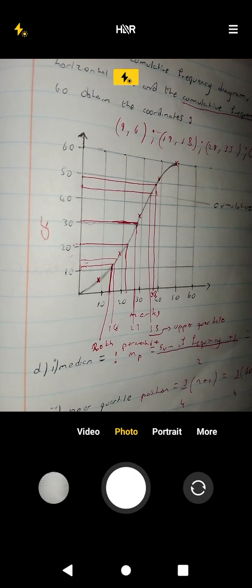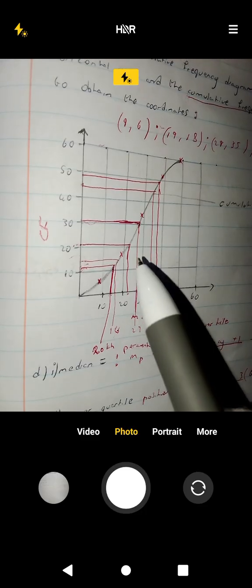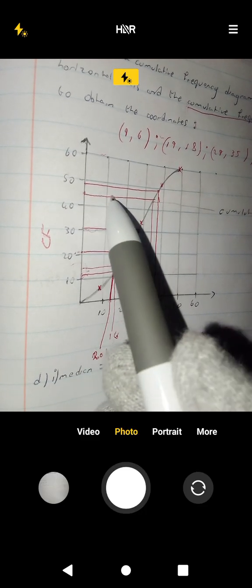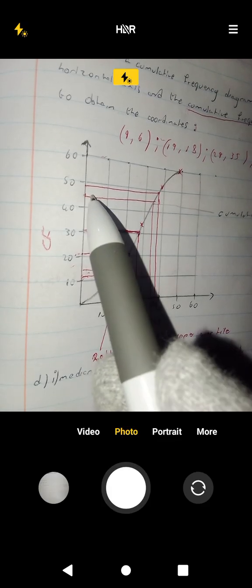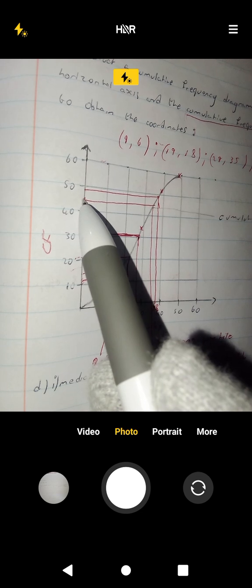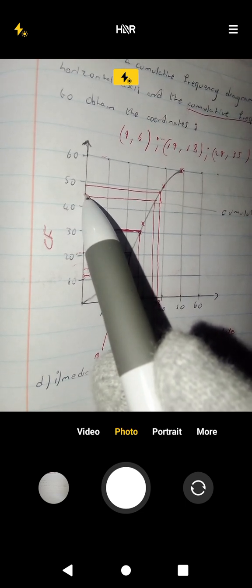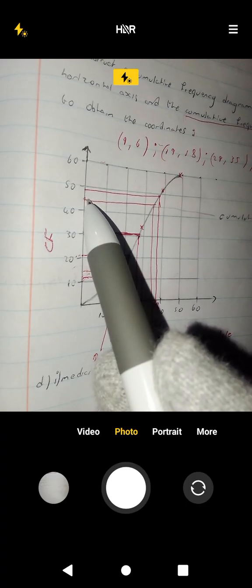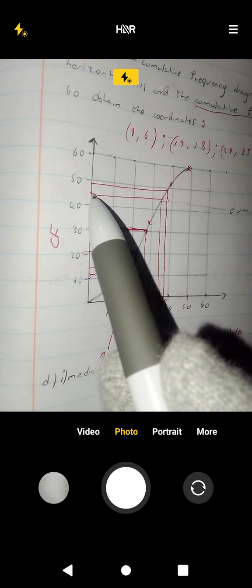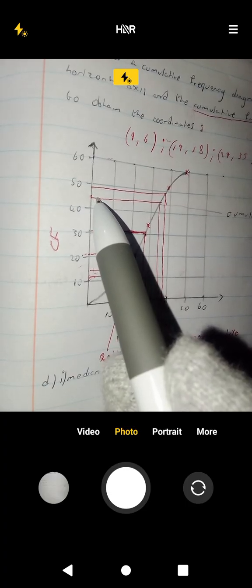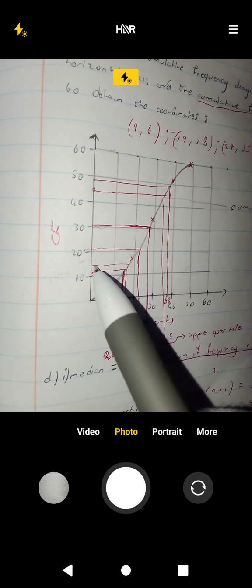If you were observant enough, then you will find that we did an upper quartile. So an upper quartile is actually 3/4 of the whole cumulative frequency. So in percentile terms, the upper quartile is actually 75 over 100 times n plus 1.